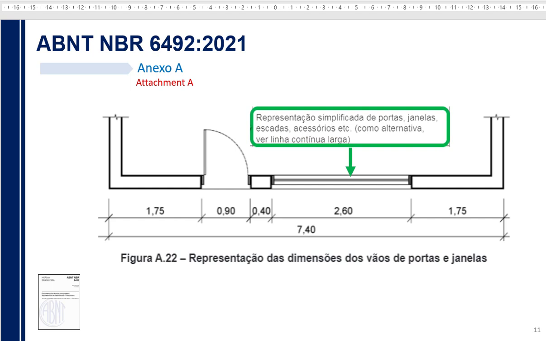In attachment A, we also have the representation of doors, windows, stairs and other details of a project. Here we can see the walls, the door and the window.